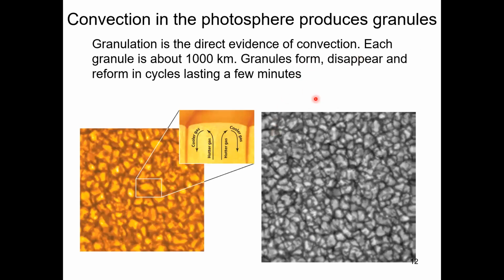Now let's look at what we see on the surface, the photosphere. This is the surface we see. Even though it looks like a beautiful yellow body, the photosphere, if you see it very closely with high resolution, then you start to see actual features of the photosphere.